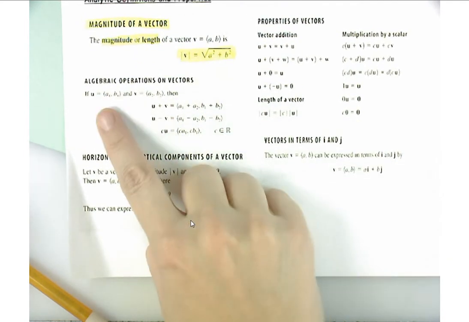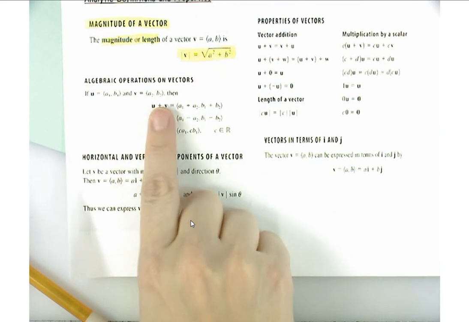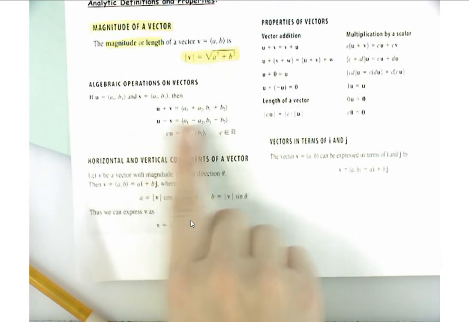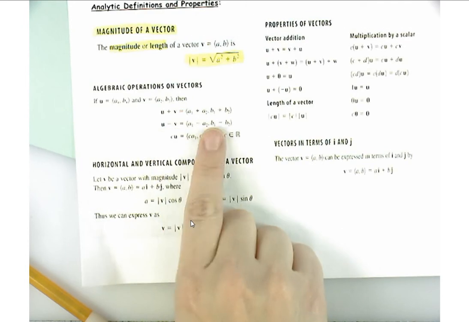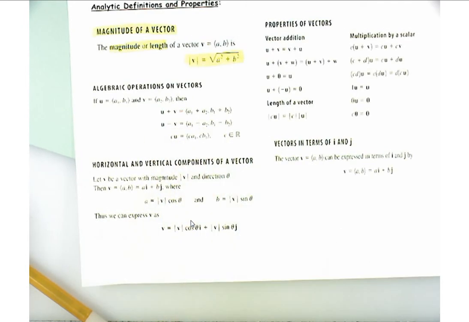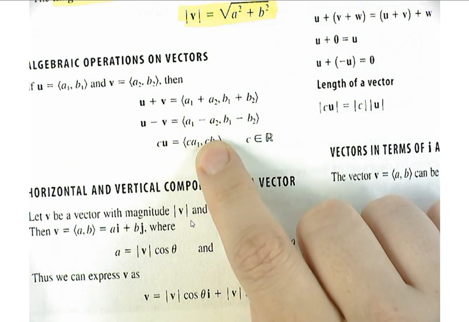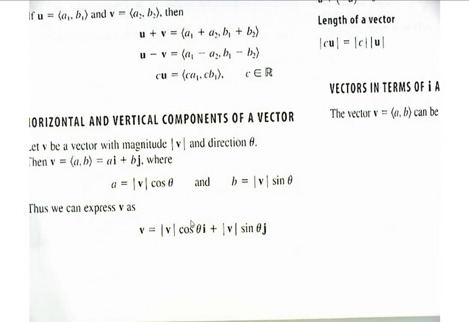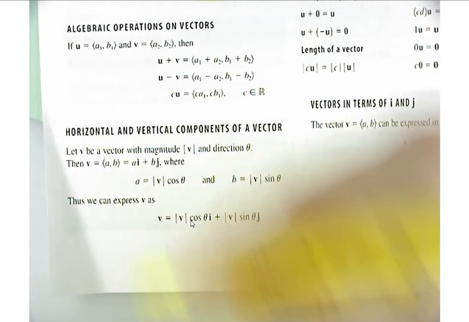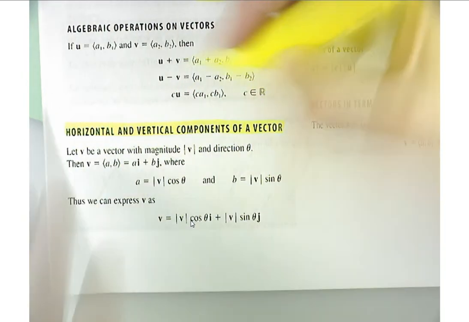This is one that you would do naturally. This is just saying if you're adding two vectors, you add the two horizontal components, and then you add the two vertical components. Same thing if you subtract, and if you multiply, then you distribute that scalar multiple. Now the next thing that's also going to be important is the horizontal and vertical components.